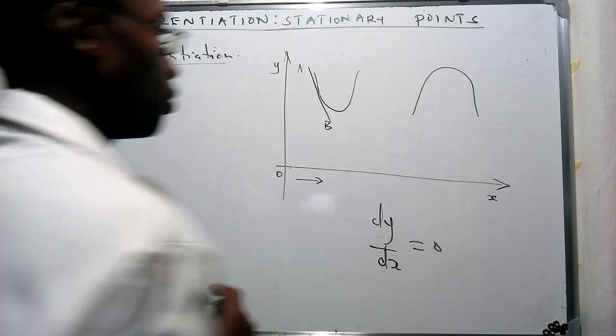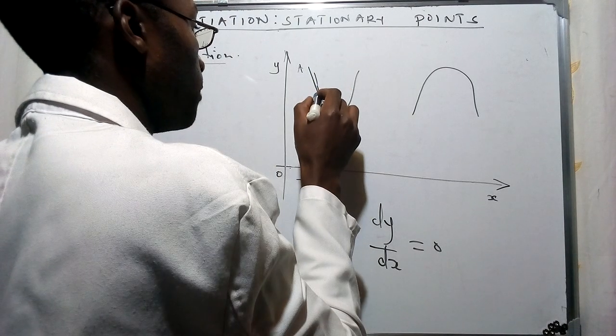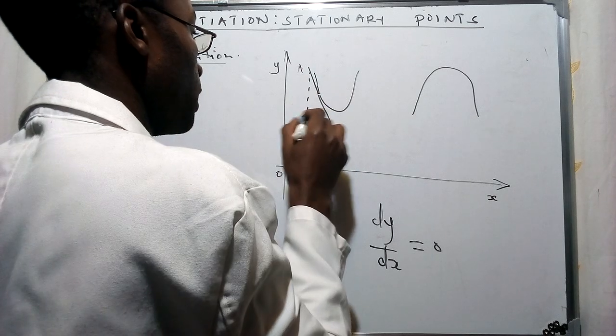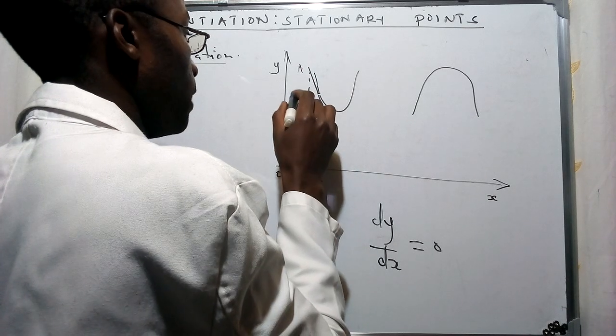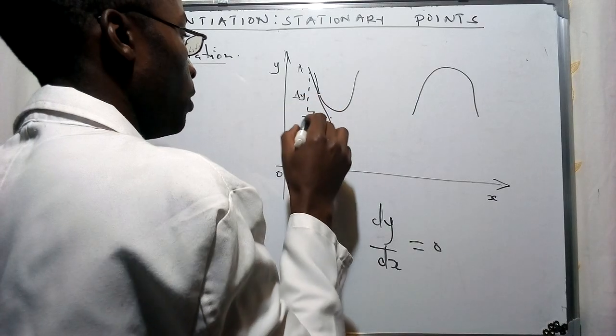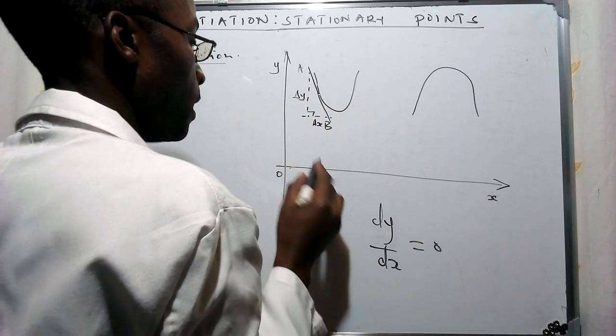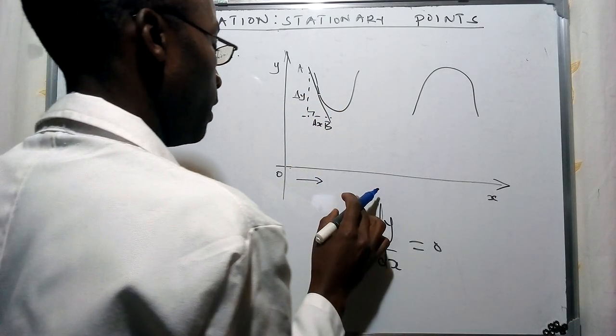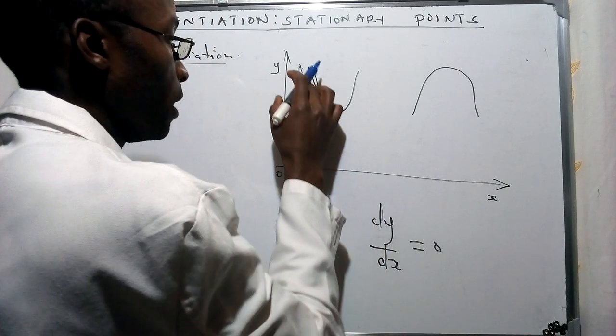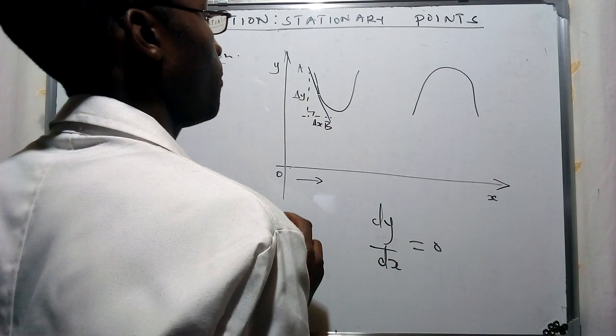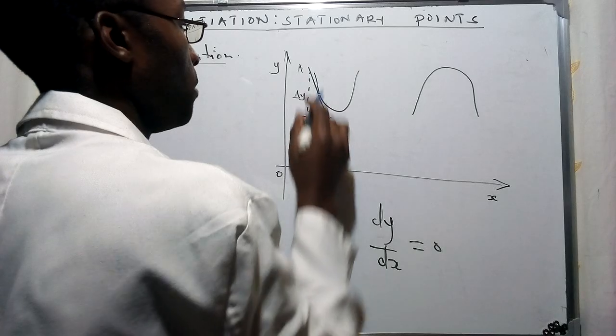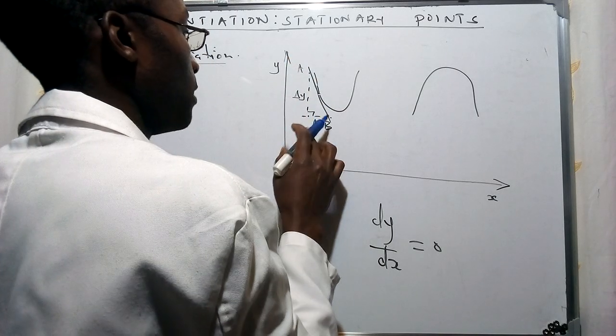If we find a derivative at a particular point, we have this change in y over change in x. As we proceed along the x-axis, there is a decrease in y, and therefore we denote this change between A and B as a negative value.